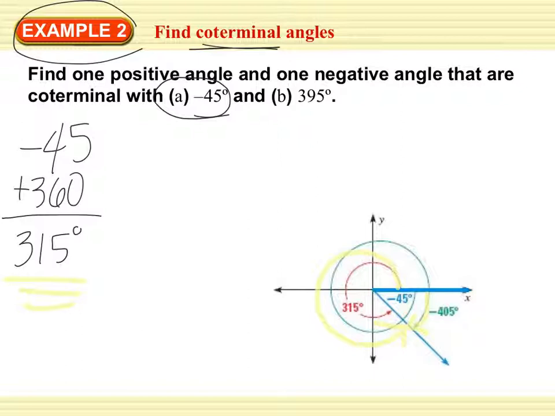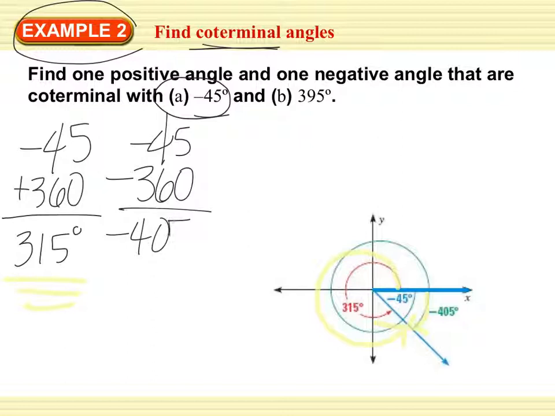Let's try again. So I just added 360. I can also subtract 360. And that math is negative 405. So negative 45, I'm going to subtract 360, I'm sorry.